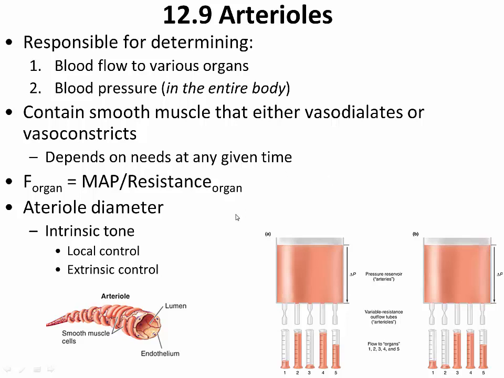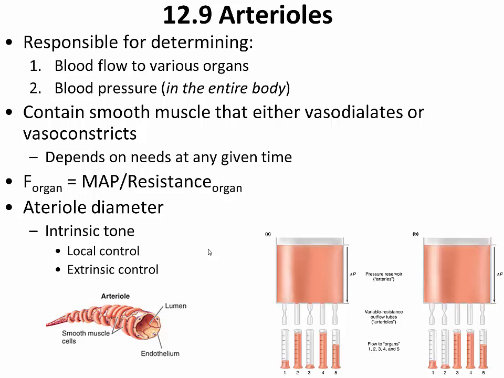Now, we turn our attention towards arteriole diameter and what controls arteriole diameter. If we look at an arteriole found here in the bottom left-hand side of our slide, we see it's surrounded by a great deal of smooth muscle. And this smooth muscle is always contracted to some extent, and we refer to that as intrinsic tone.